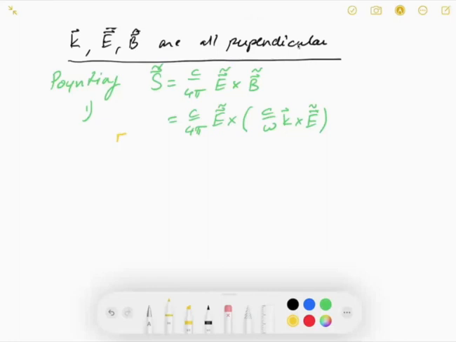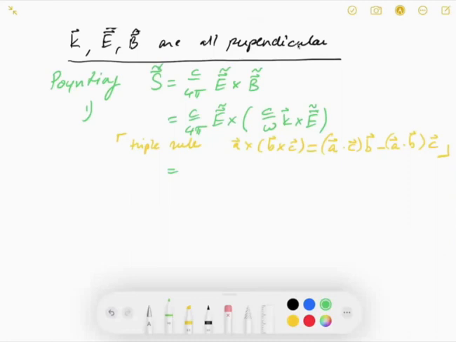The triple product rule that A crossed with B crossed with C equals... where am I? All right, here we go. I can never remember this. It's A dotted with C, B, and then minus A dotted with B, C. Okay, so meanwhile, back here.